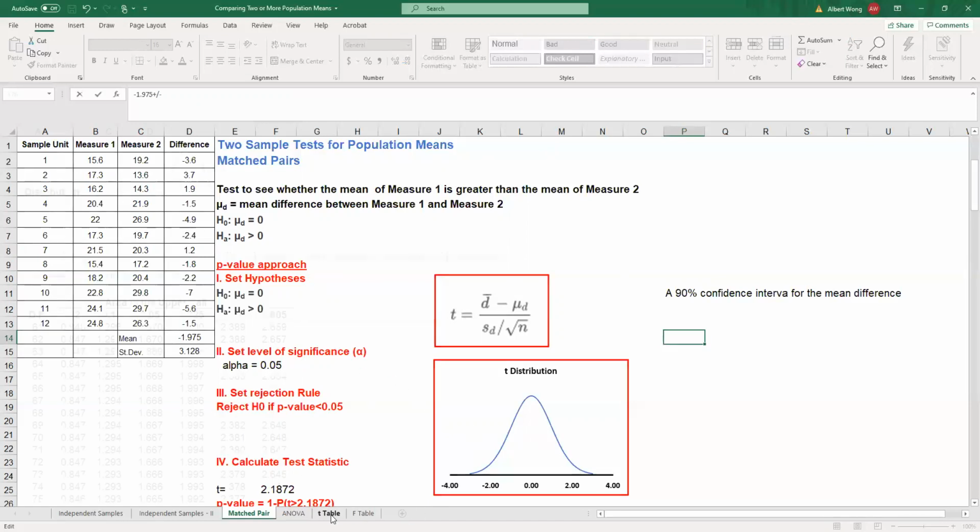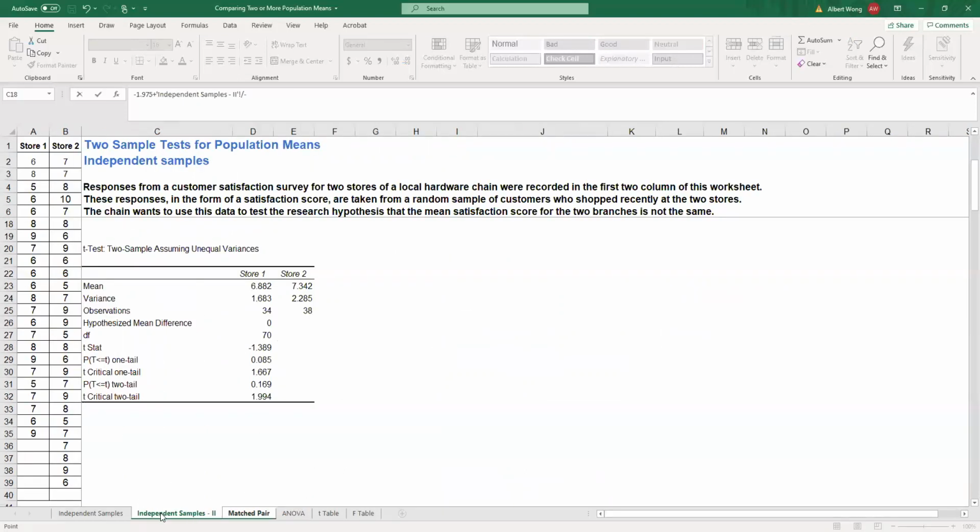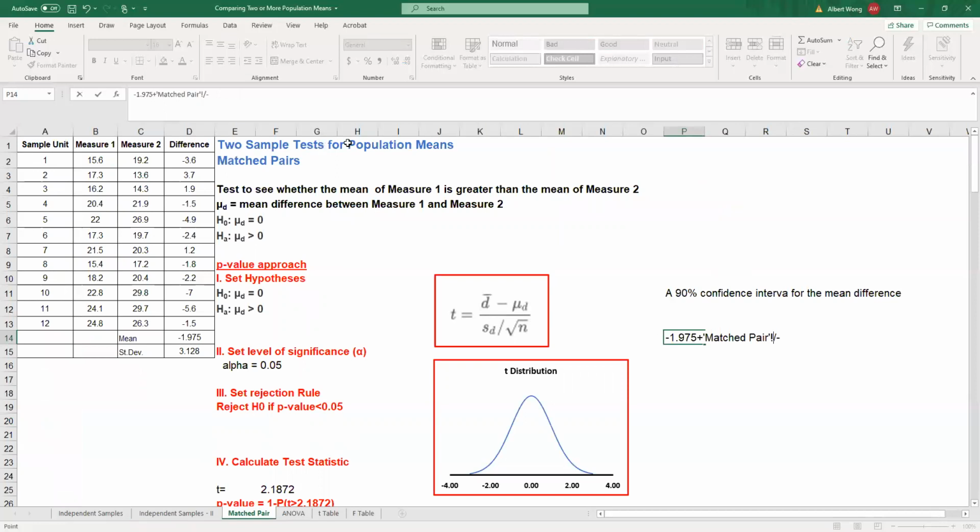So I'm going to use the T table here, right? So degree of freedom equals 11, area is 0.05, so it's 1.796. So let me just go back here. So this would be plus or minus 1.796.